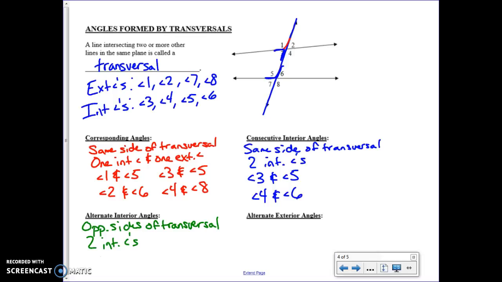So if I'm looking at opposite sides of the transversal, and I'm going to erase this so it's a little cleaner, and I'm looking on the inside, so if I start with angle 3, then I know that angle 6 is the alternate interior angle. So angle 3 and angle 6. My other pair then would be angle 4 and angle 5.